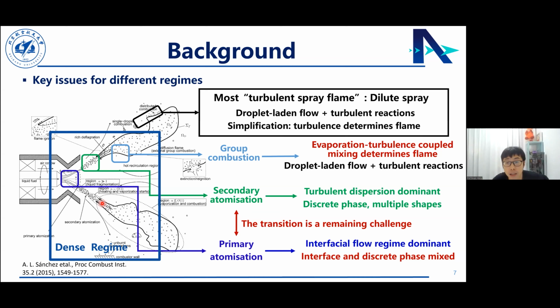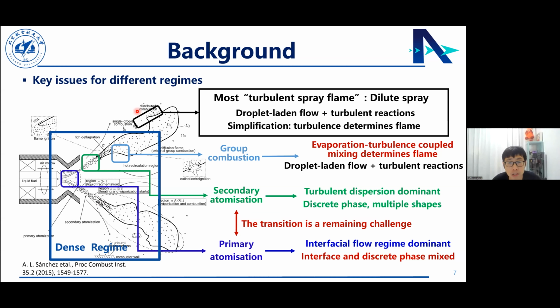The simplification that can be accepted for this region is that turbulence can determine the flame. In one region upstream, we will see group combustion.